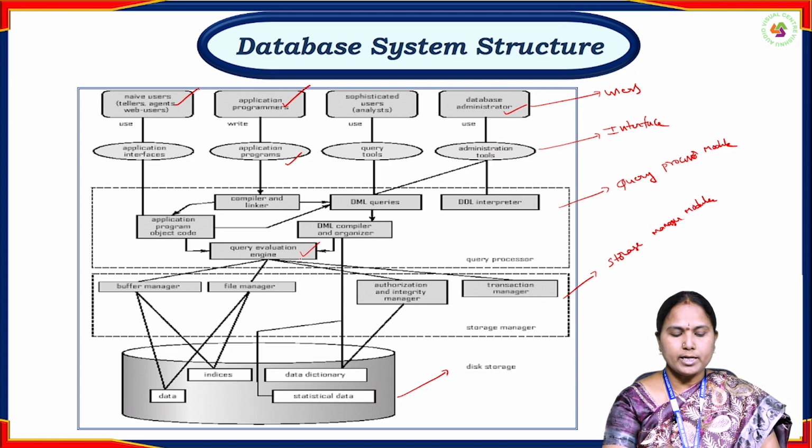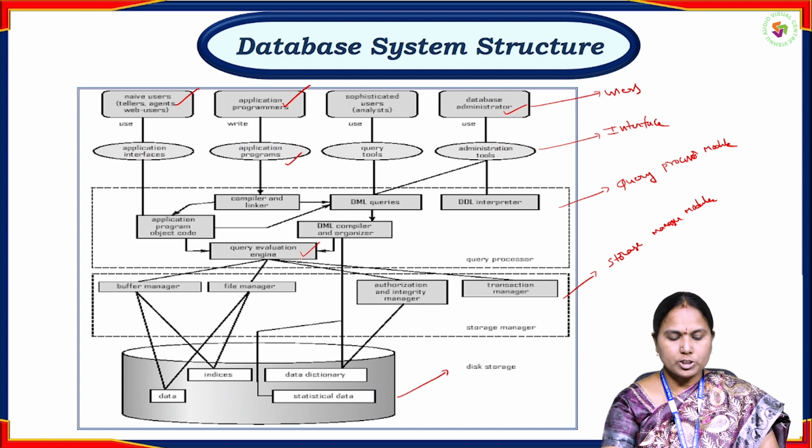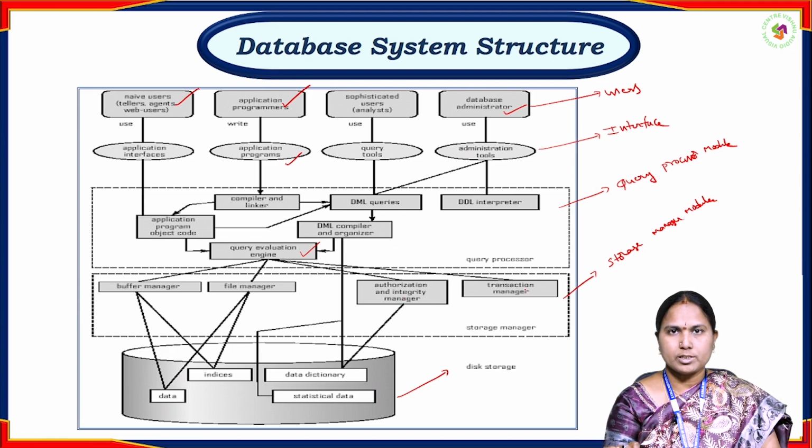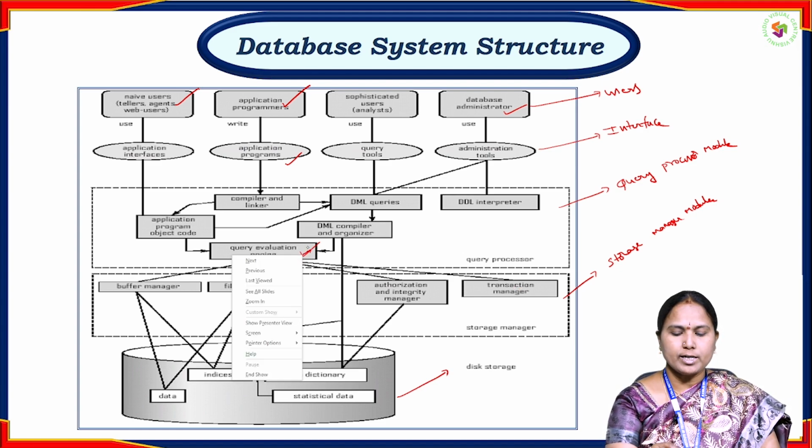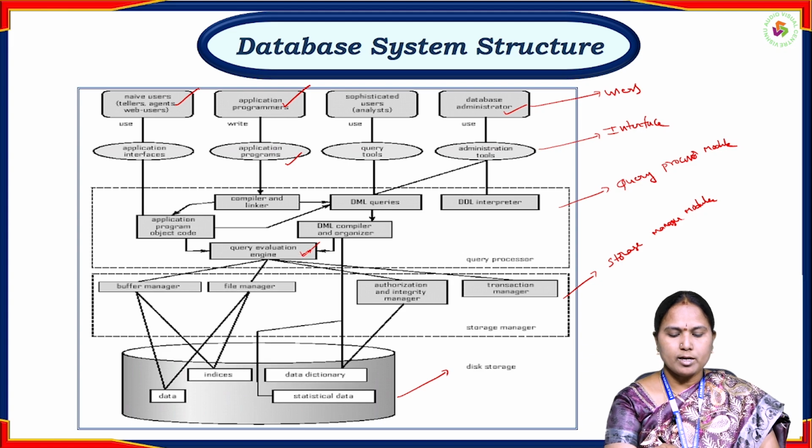The respective data is located in what location? Different managers are there: buffer manager, file manager, authorization and integrity manager, transaction manager. So the respective student table is located in which file organization, that is defined by the different managers.